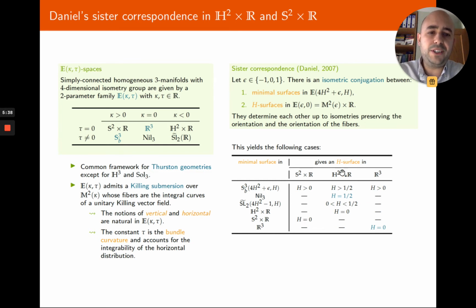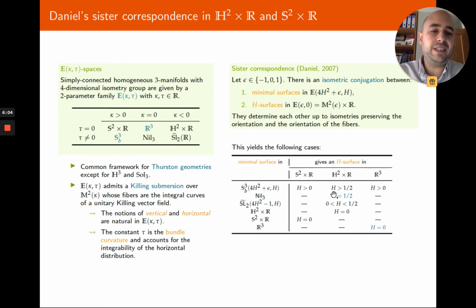In the case of H² × R, it's a bit more involved because there is a notion of critical mean curvature, which is H equal to 1/2. This is not related to the H equal to 1/2 I was mentioning in the previous video in S² × R. When H is equal to 1/2, the original minimal surface comes from the Heisenberg group.